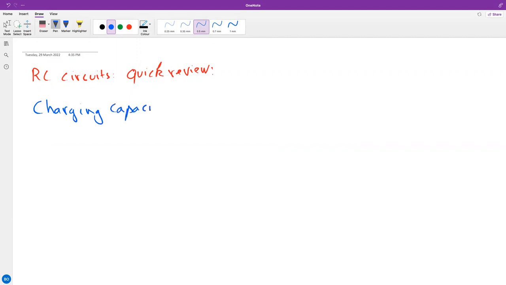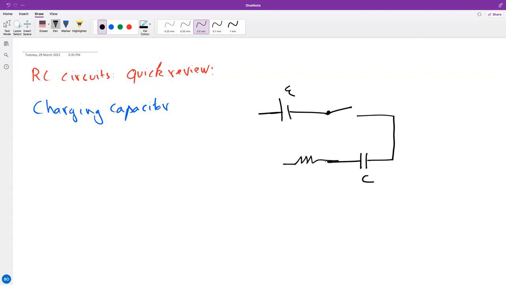So when we put a capacitor with a potential difference, let's say with an EMF that has a potential difference E, let's say I have a switch here, and then I have a capacitor, and then a resistor R, okay?